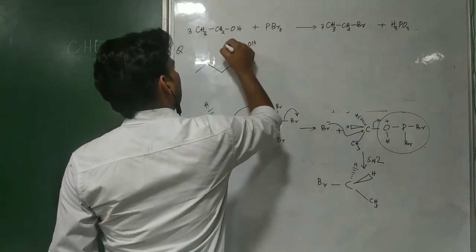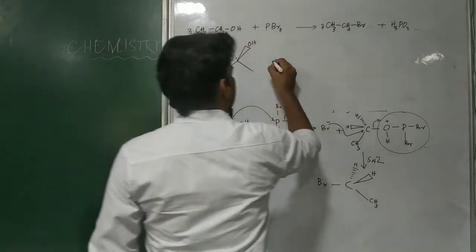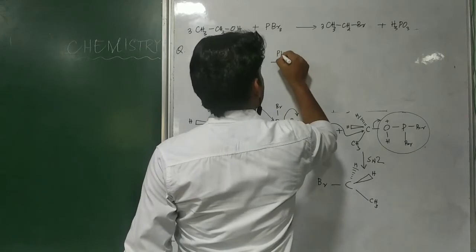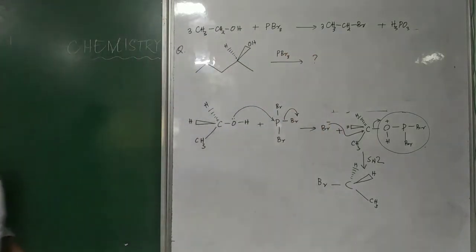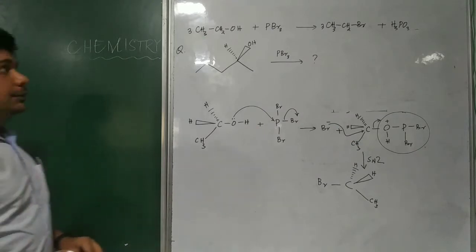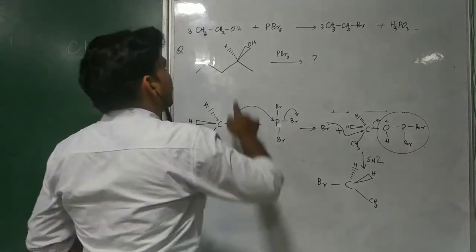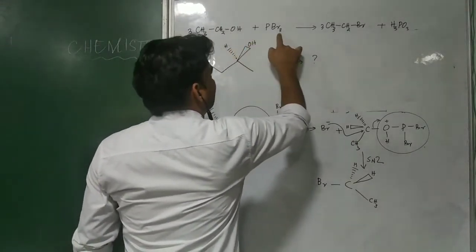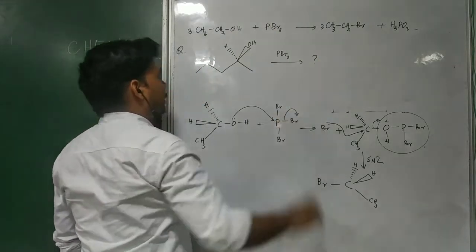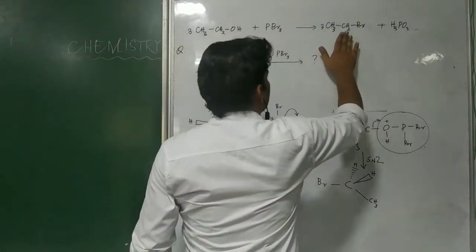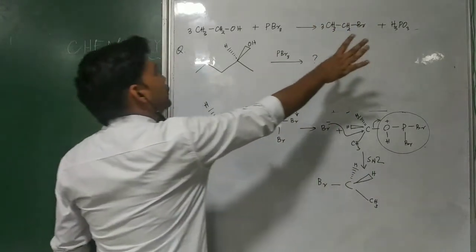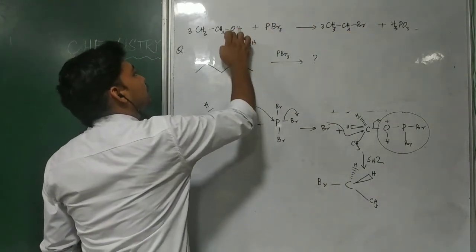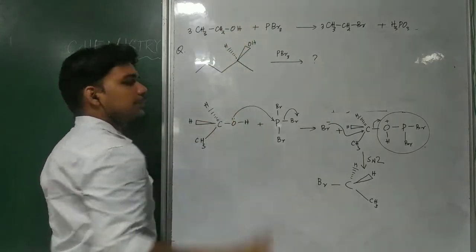This is one alcohol molecule, and it is to be treated with phosphorus tribromide. Then what should be our product? Listen, whenever an alcohol is treated with phosphorus tribromide, the product is an alkyl bromide. To get the product, we simply need to put a bromine in the place of OH.